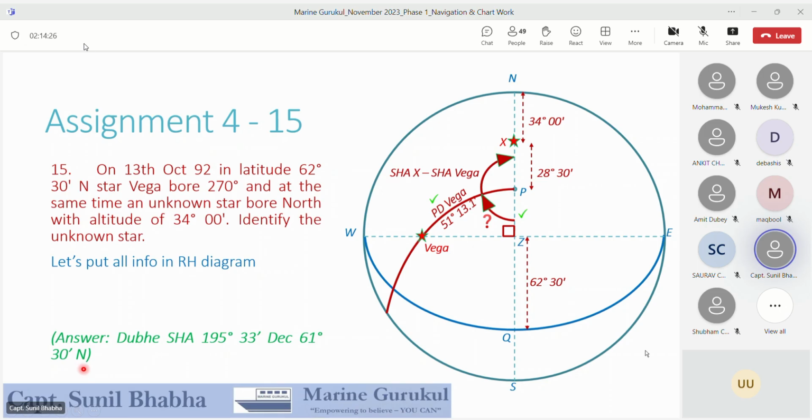We can go to the star information table on page 268, look for this SHA 195.33, match the declination, and we can identify the star as Dubhe. So this is how we solve this question. We used the same principle, put all the information in the rational horizon diagram, applied spherical trigonometry and Napier's rules, and we were able to find the SHA and declination of the star, identifying it.